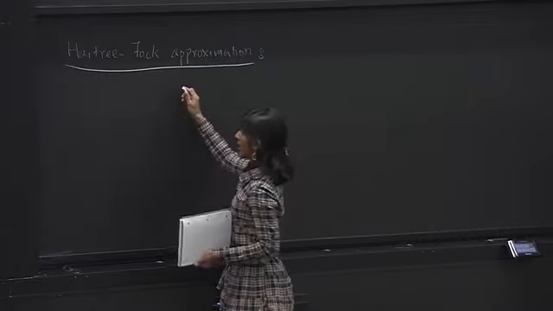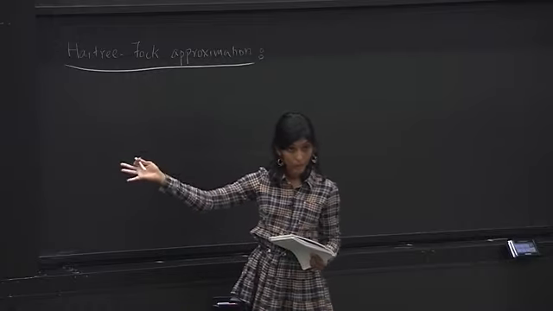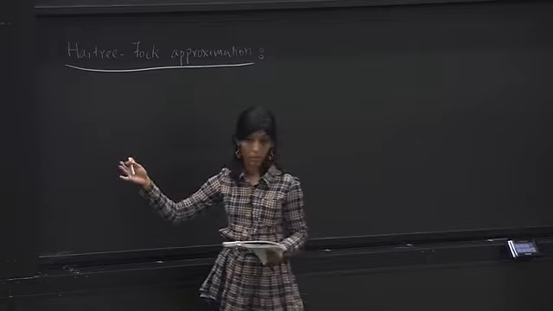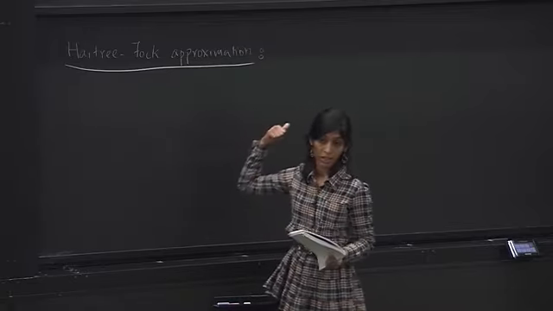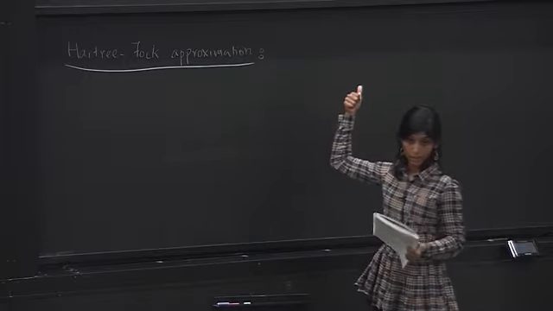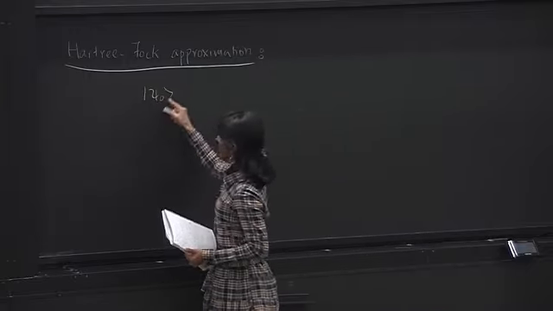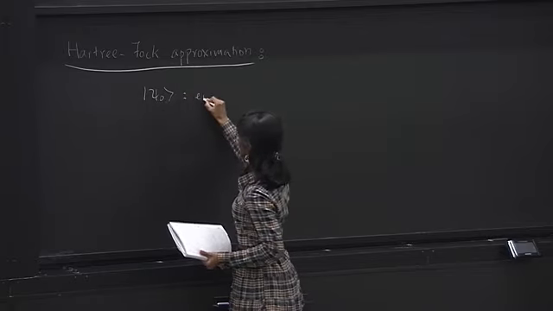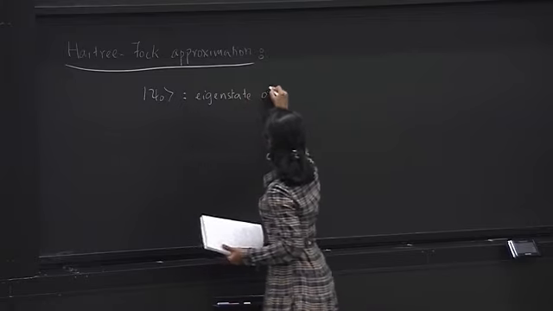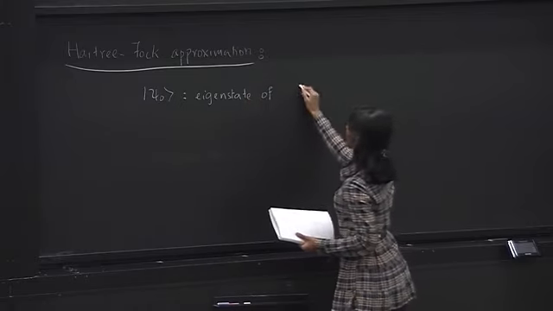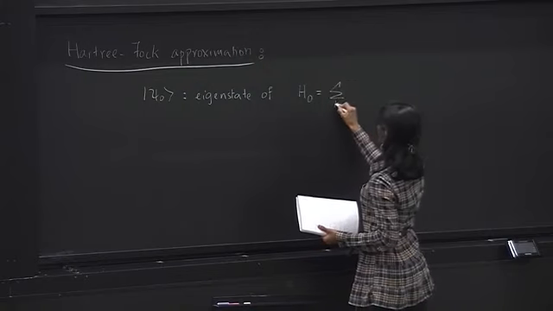The guess being that maybe the eigenstates that we found in the free, non-interacting problem are a good starting point, a good variational starting point for this more complicated Hamiltonian. Okay, so what we're going to do is we're going to take psi 0. Psi 0 is an eigenstate of only the free part of the Hamiltonian, which I'm going to call H0. So it's up there, and it's this bit.